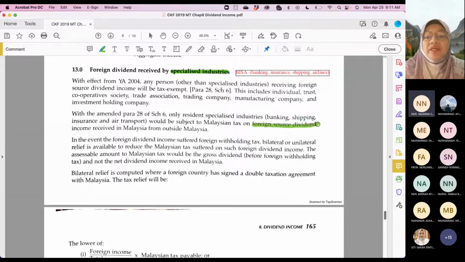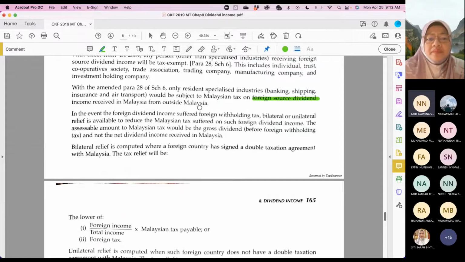So even though it's a foreign source income, because of the nature of BISA, wherever income is derived will be taxable. So that's why it will also be taxed on this company. It is for income received in Malaysia from outside Malaysia that is taxable.